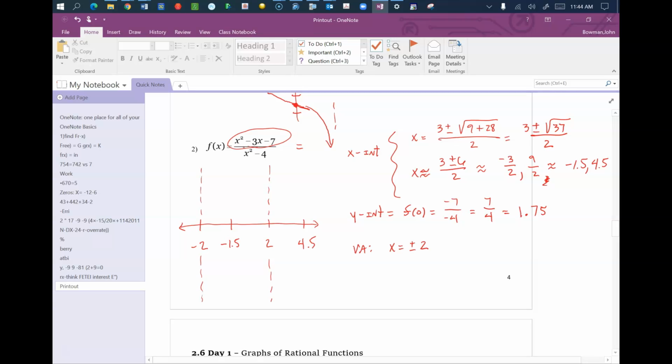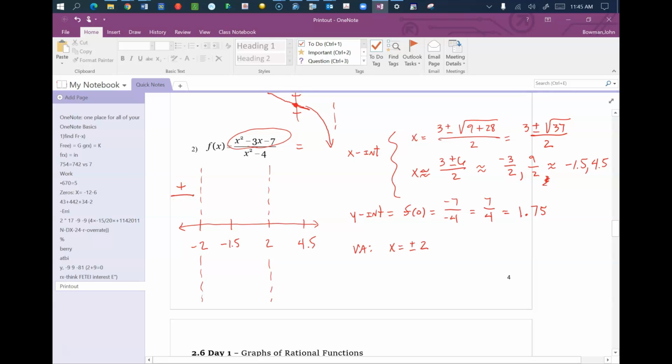So let's say -2.1. We square that, that's going to be about positive 4. Negative 3 times negative 2.1, that's going to be about positive 6. And then we subtract 7 from that. So we've got a roughly positive 4 plus a roughly positive 6 minus a 7. So the result is going to be positive.